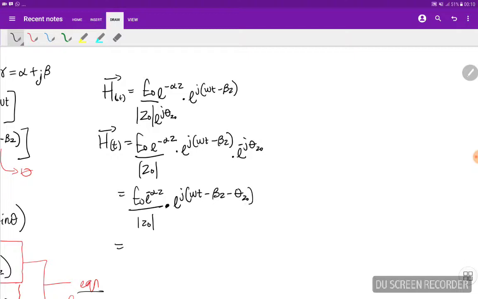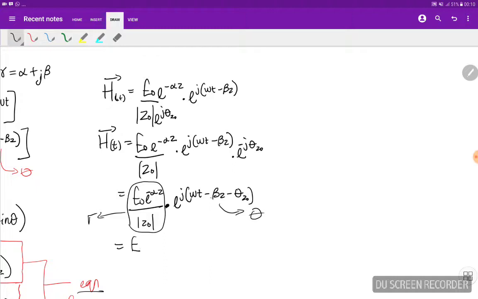And remember what we said, we're only going to consider the real side, and the real side is just carrying cos. This is our r, and then cos of our angle, so we have theta.